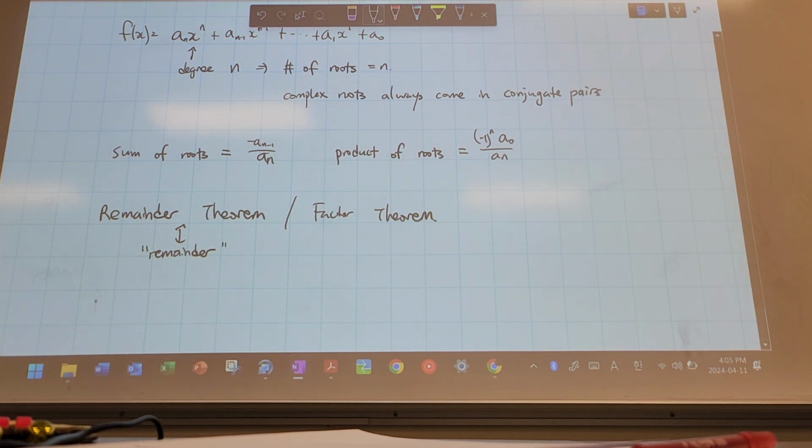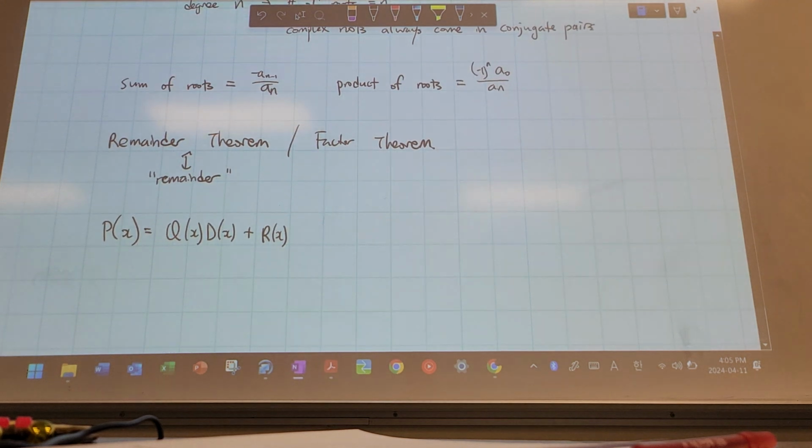Remainder theorem goes like this. We have p of x, the polynomial function, and it equals the quotient q of x multiplied by the divisor d of x, plus the remainder r of x. So we divide both sides by the divisor d of x. The divisor is usually a linear factor.